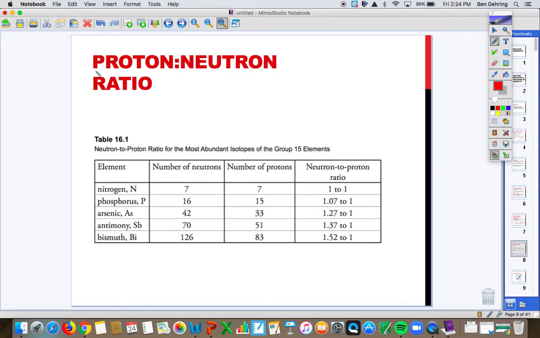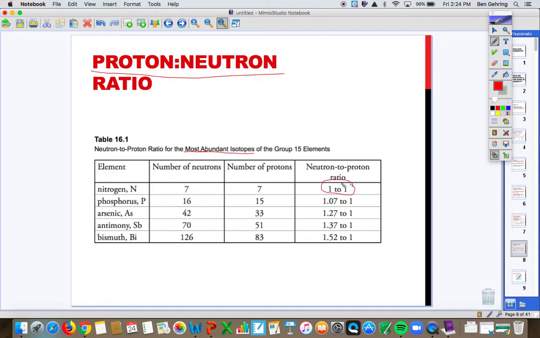We're going to look at this proton to neutron ratio because this is really important when we talk about nuclear or radioactive nuclei and nuclides in general. If we look at the neutron to proton ratio for the most abundant and typically the most stable isotopes of your elements: nitrogen has 7 protons and 7 neutrons, which is a 1-to-1 ratio.